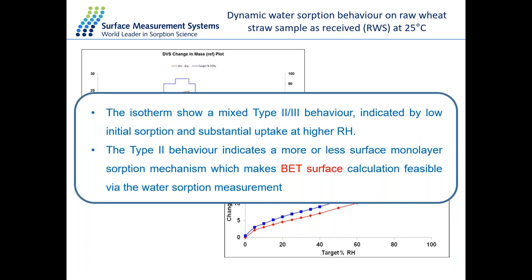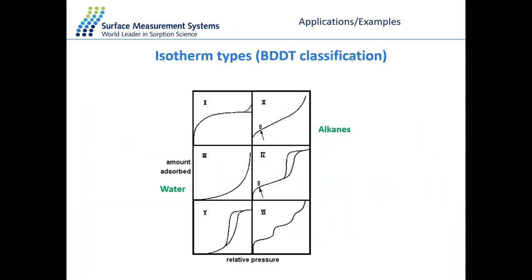Independently of what solvent you're using and what sample you're using, the type of isotherm that you're going to get is one of these 6.